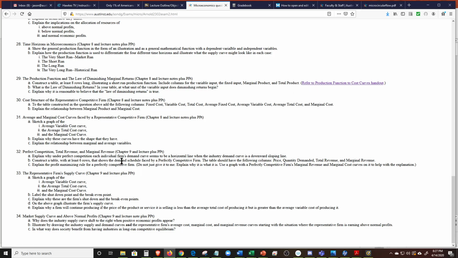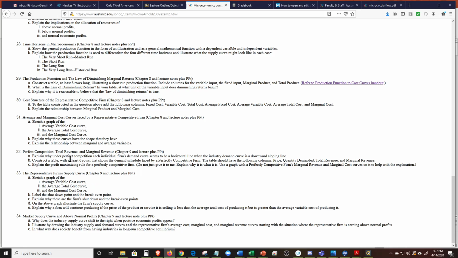So we're just going to repeat 31A here in 33A. And then we're going to label the shutdown point and break-even point using these curves.